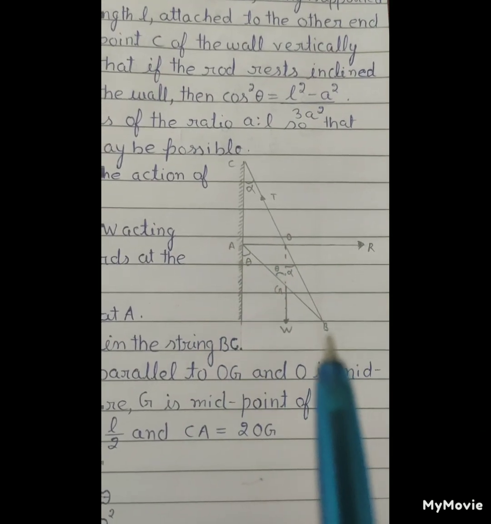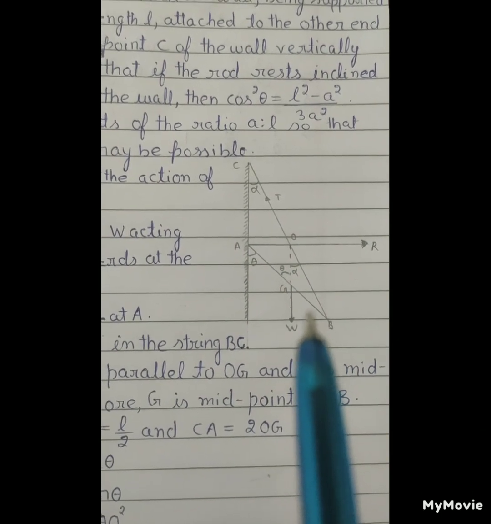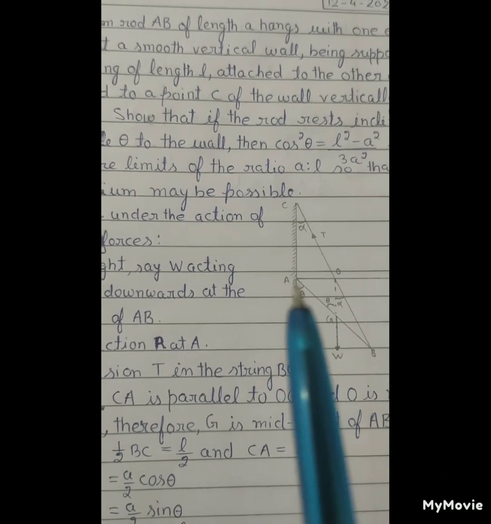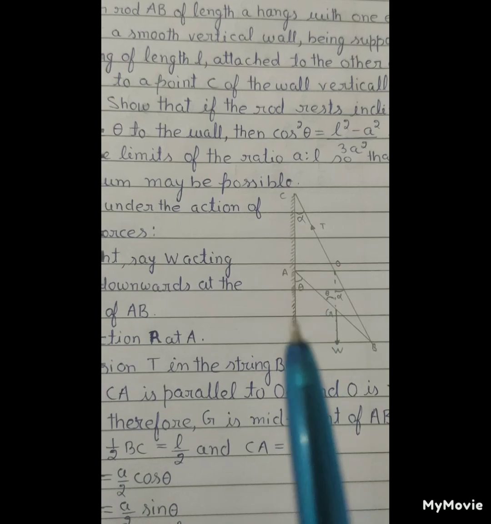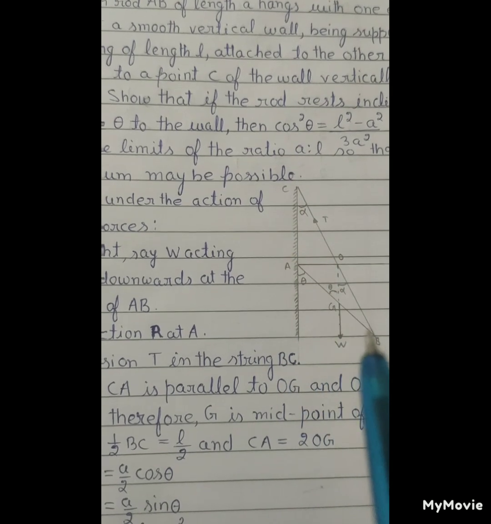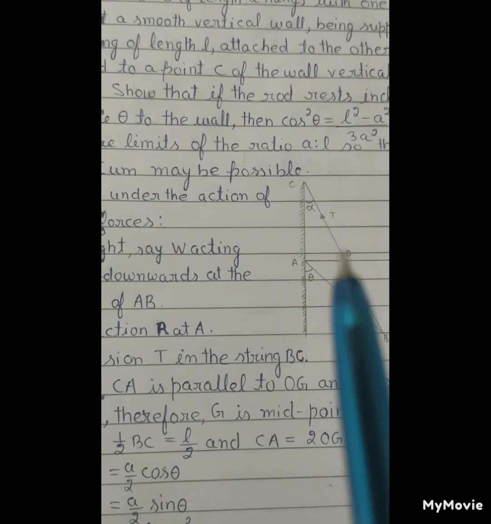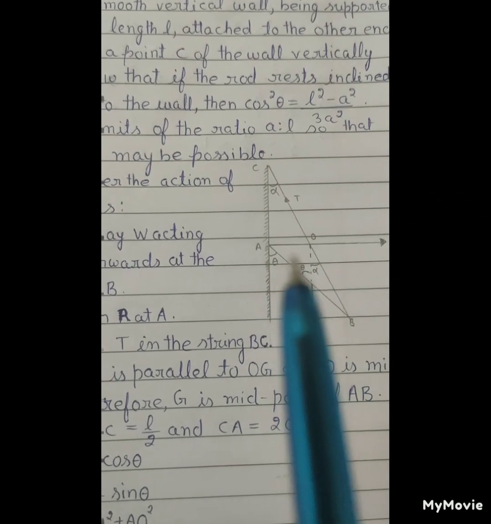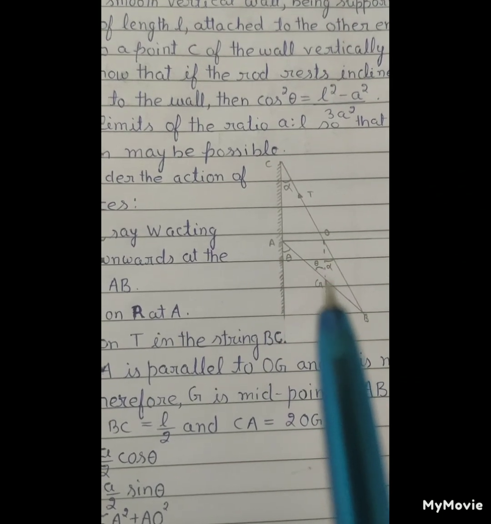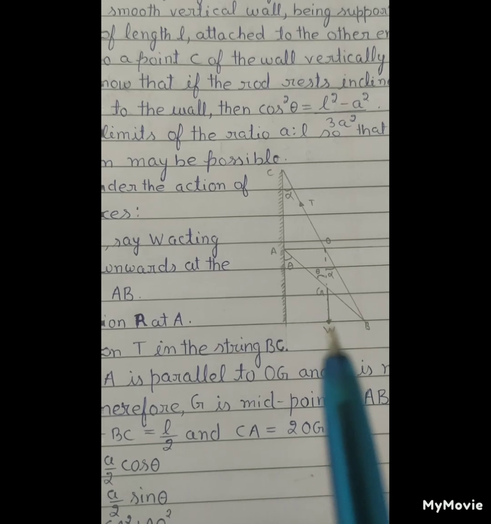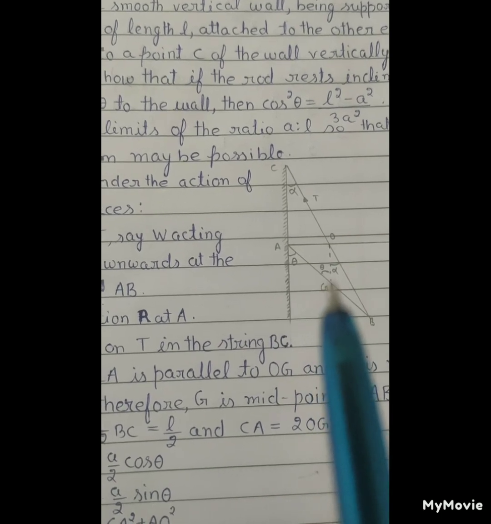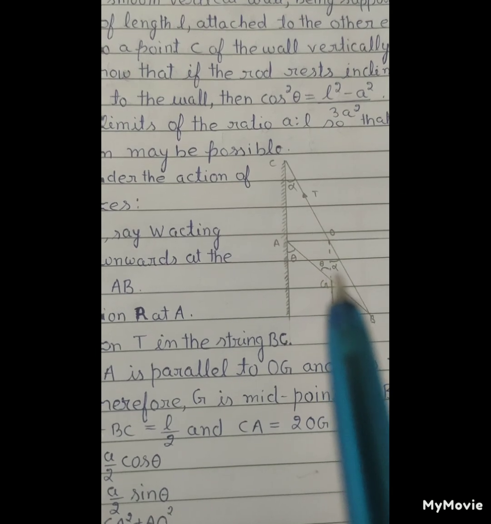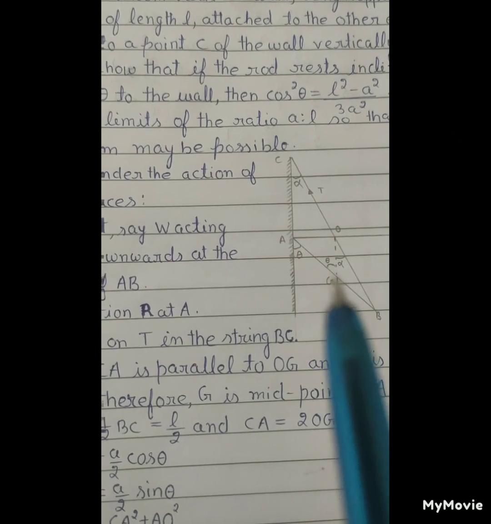This is the rod AB, this is the wall, and this is the string CB of length L, and AR is the reaction. O is the midpoint, and at point G, W is acting. This is angle theta, this is alpha, and this is alpha, and this is angle theta.